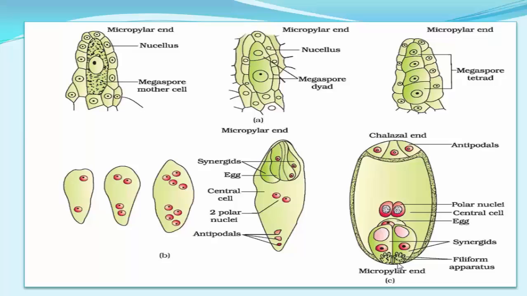Totally, the mature embryo sac contains 8 nuclei and 7 cells: 3 antipodals, 1 central cell is 4, 1 egg cell is 5, and 2 synergids, totally 7. So the mature embryo sac is an 8 nucleate and 7 celled structure.